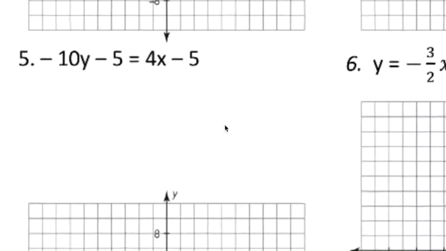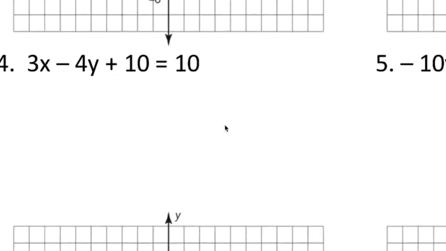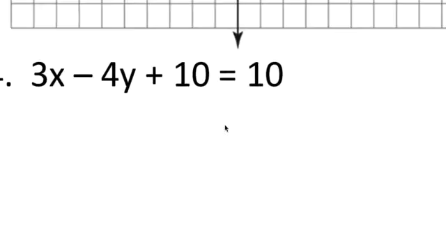Let me go ahead and do this one here. This one, the y is on this side. So that's got a lot to get rid of. I would get rid of both of these. I know this is a negative there.